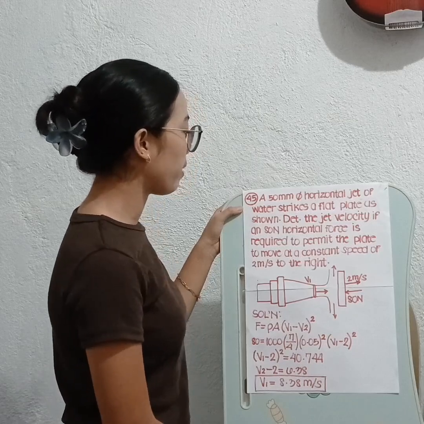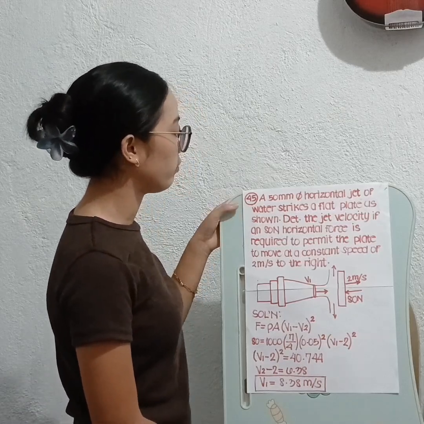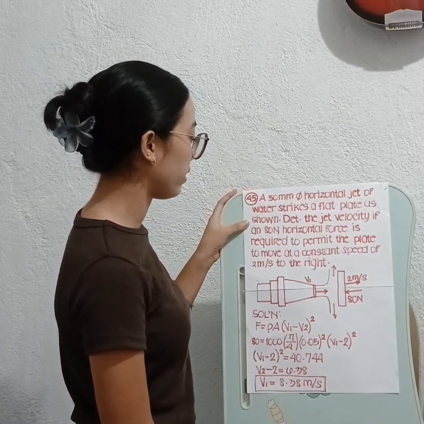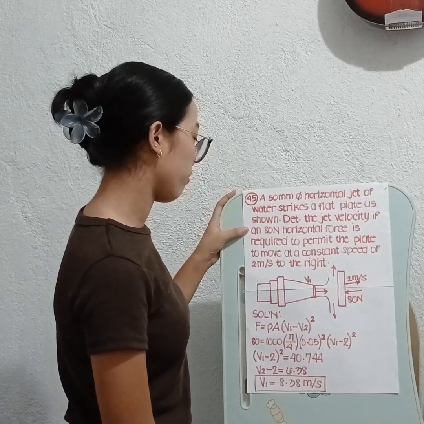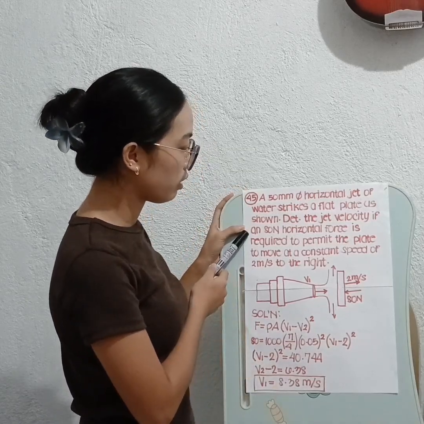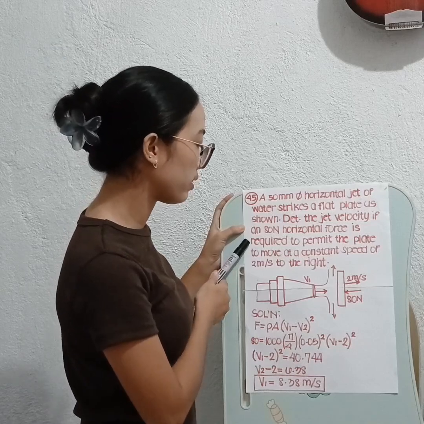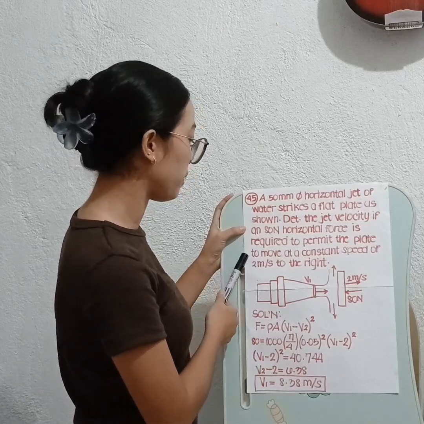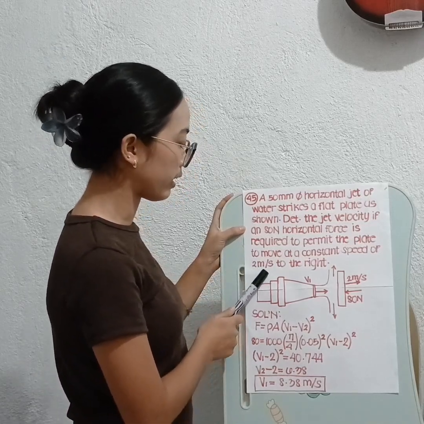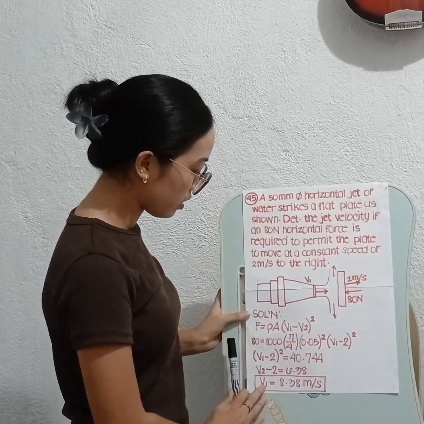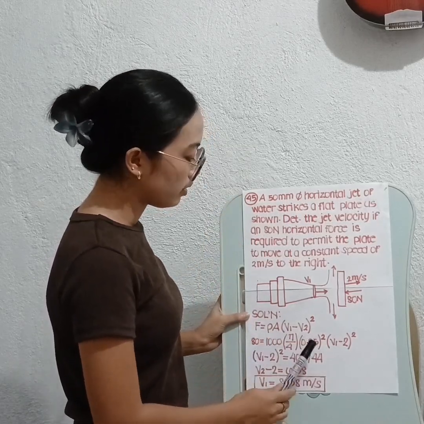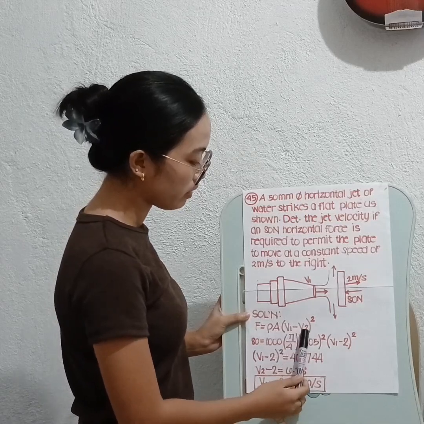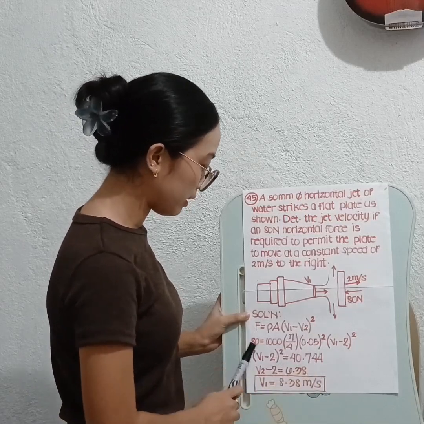A 50 mm diameter horizontal jet of water strikes a flat plate as shown. So determine the jet velocity if an 80 Newton horizontal force is required to permit the plate to move at a constant speed of 2 meters per second to the right. So we have F is equals to density times the area times V1 minus V2 squared. So our force is 80.